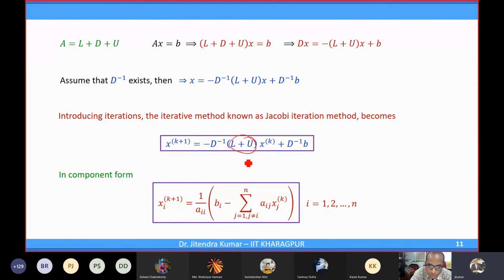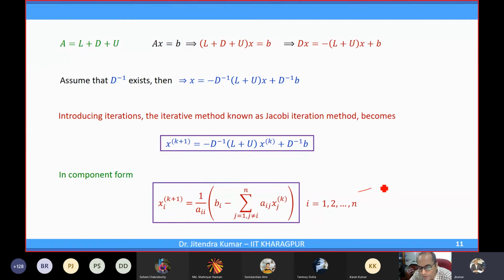L plus U means you have left the diagonal entries, and you are multiplying with this X. So it is like AX only, but leaving out the diagonal entries. That's why the summation goes from j equals 1 to n, but j is not equal to i, because diagonal terms are not there. And you have Aij and Xj power k.